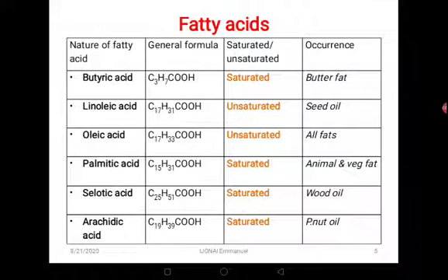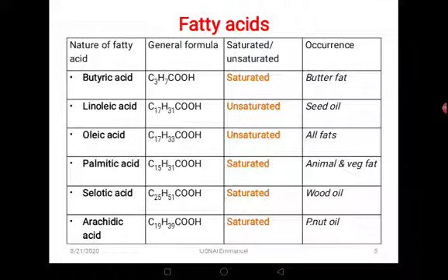What makes it unsaturated is the presence of double bonds. And then we have oleic acid, which is also unsaturated, as you can see there. Palmitic acid, cerotic acid, arachidonic acid, and so on.